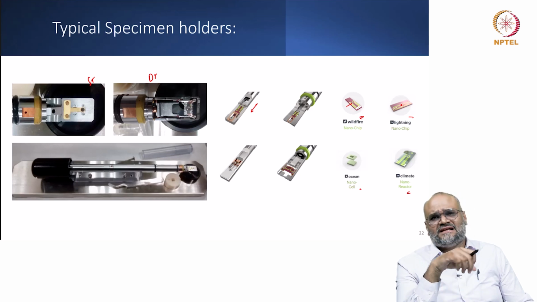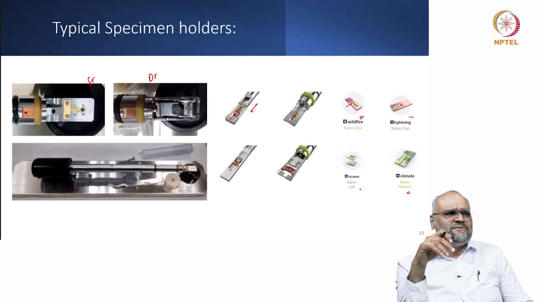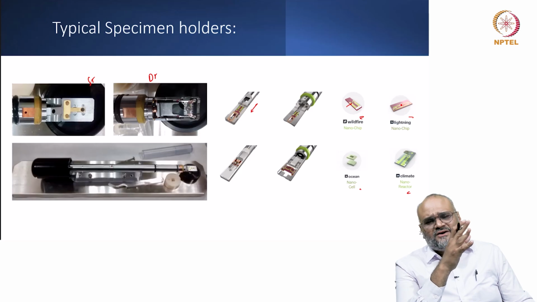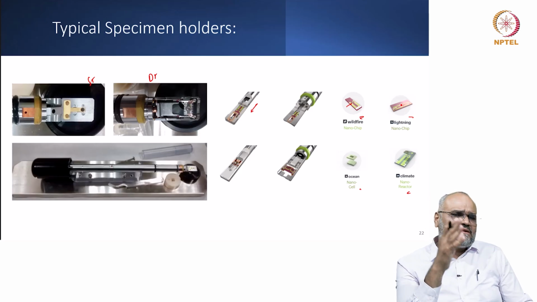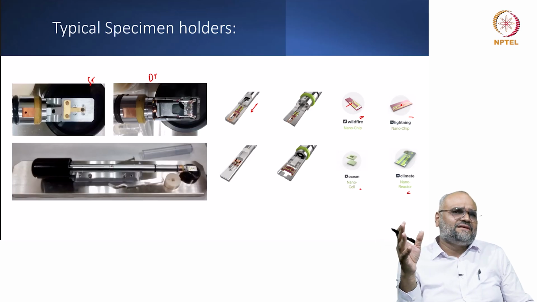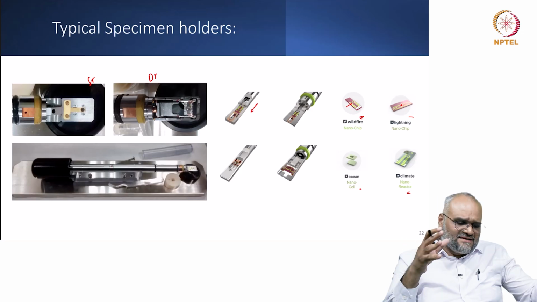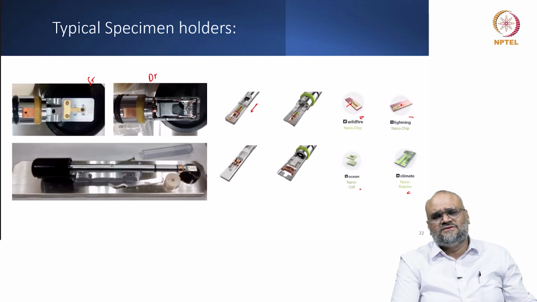Once you successfully transfer the specimen here, you can also do real-time imaging in TEM. So that is the overview of the broad area of microscopy, the construction of a microscope, and how you enable basic holders and specimen preparation and start doing experiments in the microscope.